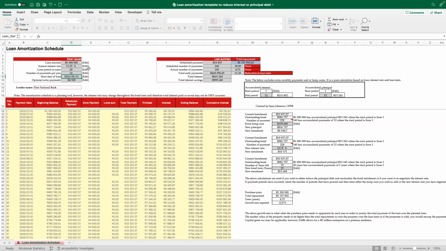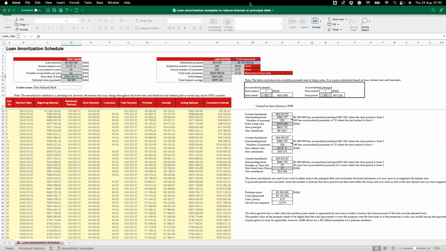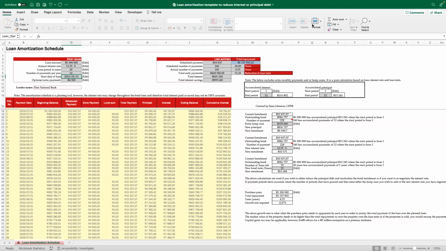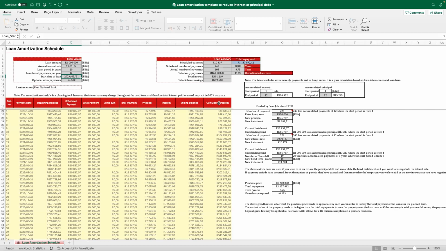In other words, this £1 million will be settled before 240 payments. And that really is what makes the difference when you are looking to settle the bond a lot sooner.